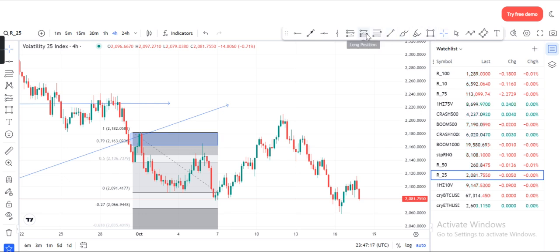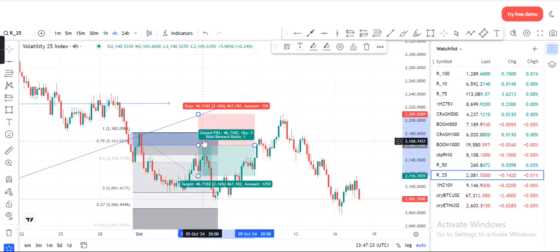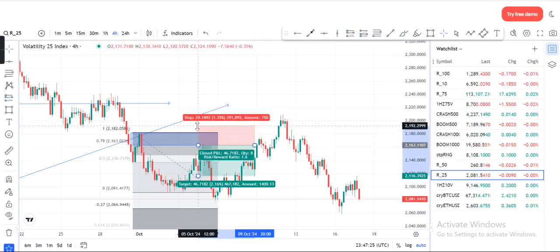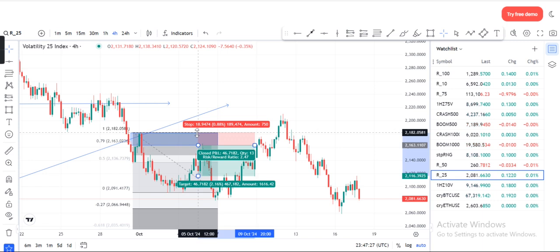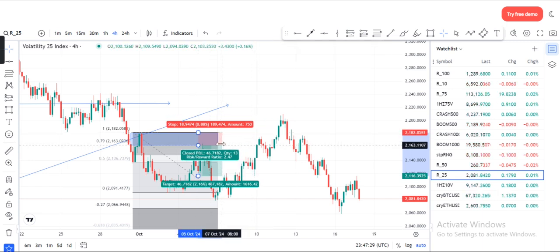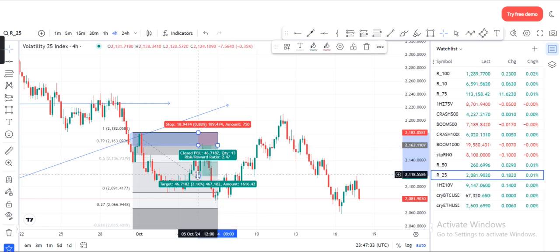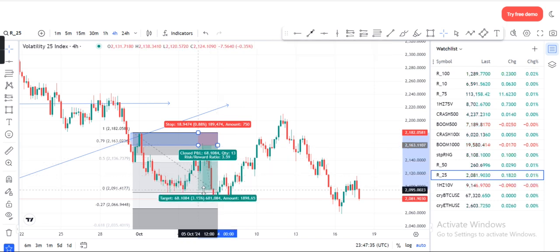Using that level, we simply marked our stop loss and our take profit here.